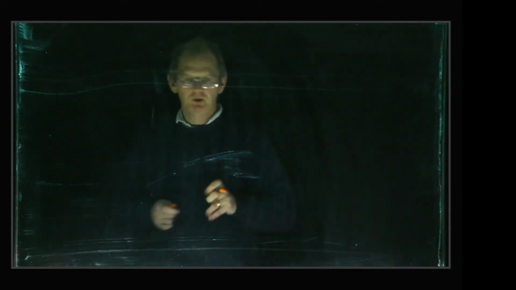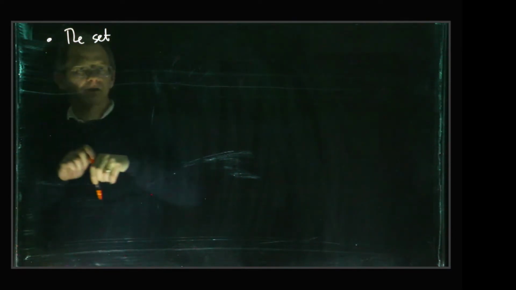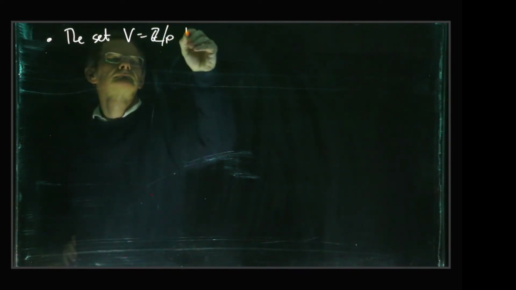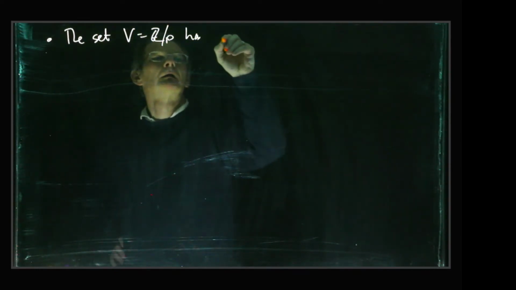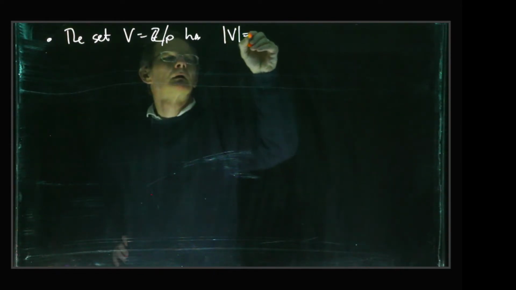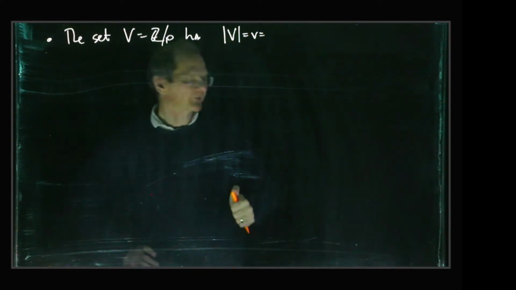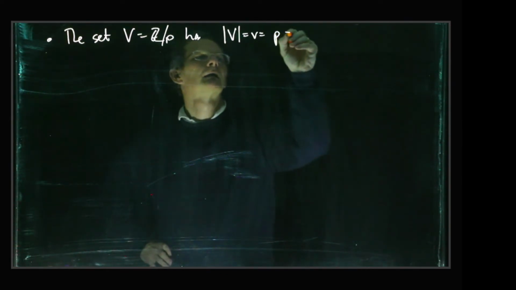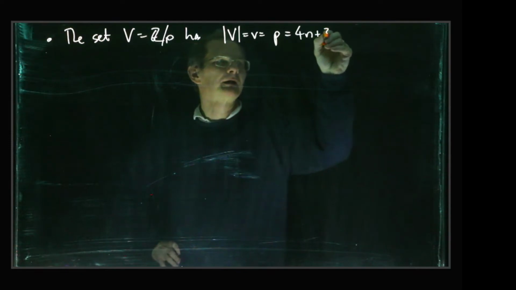Okay, so to review where we've got to, the set V is Z mod P, and the size of this set, which is conventionally denoted by little v, is equal to P, which is 4n + 3.